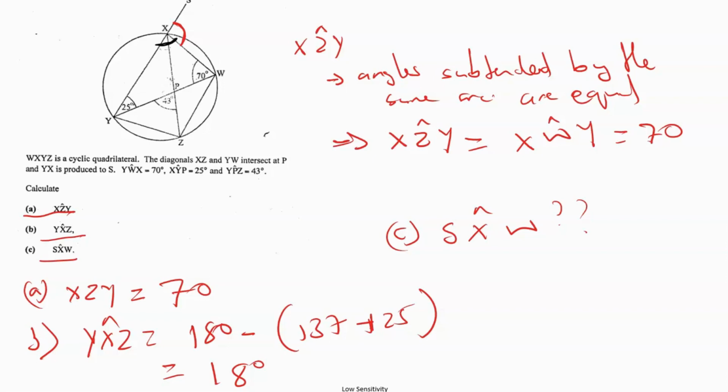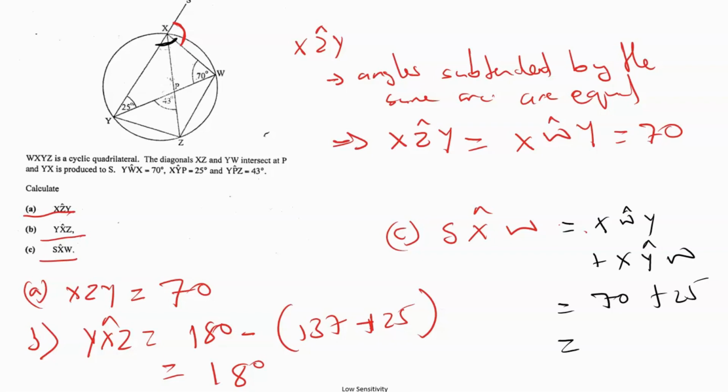That means this angle SXW is equal to the angle XWY plus XYW, which is 70 plus 25.